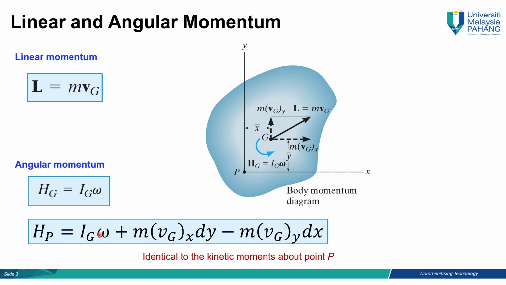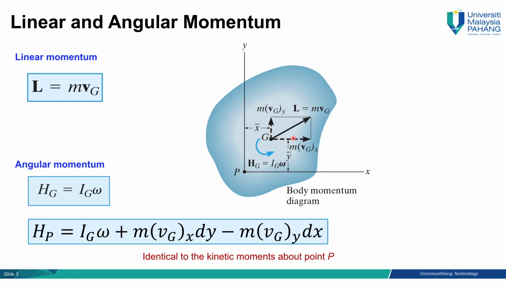Instead of alpha here, we have omega now: Ig omega, plus mvgx, in the x-axis, multiplied with the distance dy to go to point P, and mvgy in the y-axis multiplied with dx, and this is positive counterclockwise.